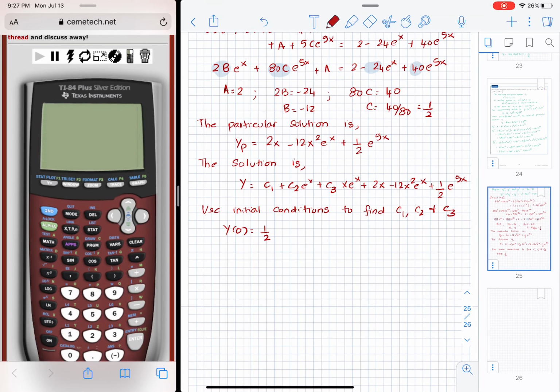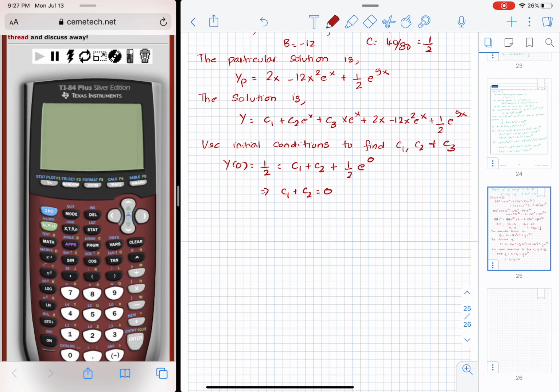So y of 0 is 1/2, so that would equal C1 plus C2. The second, third, fourth term would become 0, and we simply end up having 1/2 e^0. So C1 plus C2 would equal 0. We need to find the derivatives.